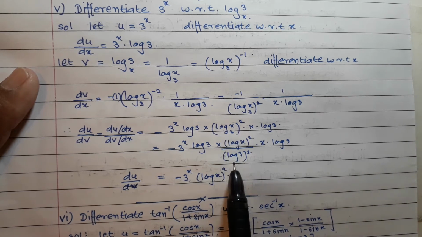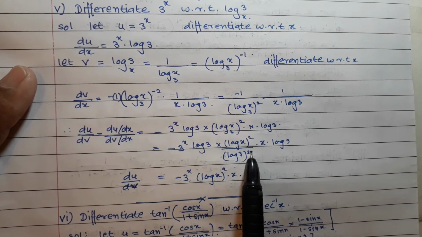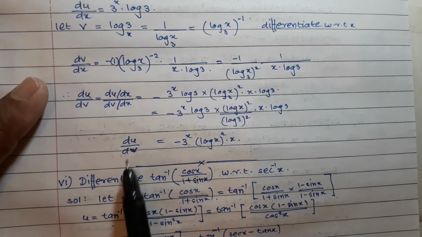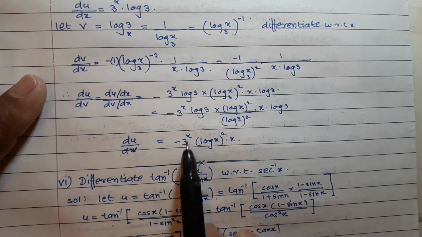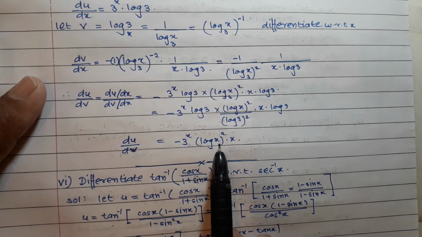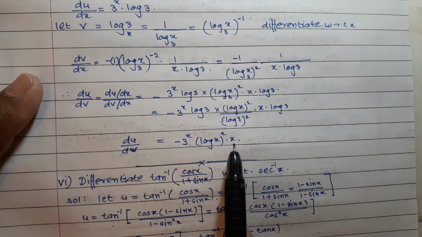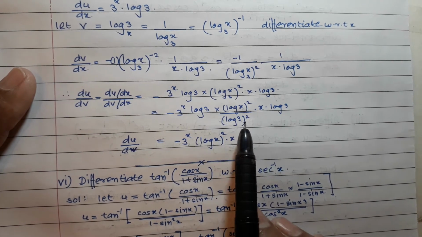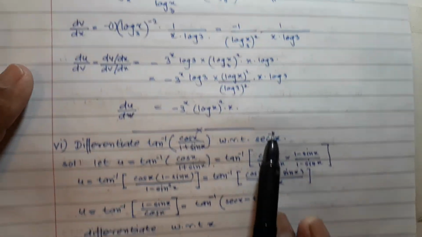So I simplify this, log 3 square into x log 3, and therefore du/dv is equal to minus 3 raised to x log x square into x. Okay, this log 3 and log 3 square get cancelled.